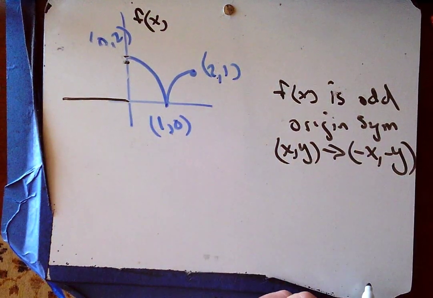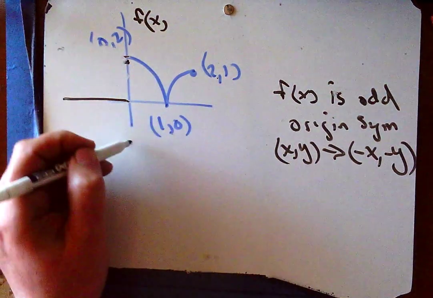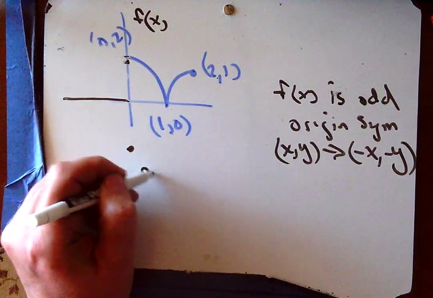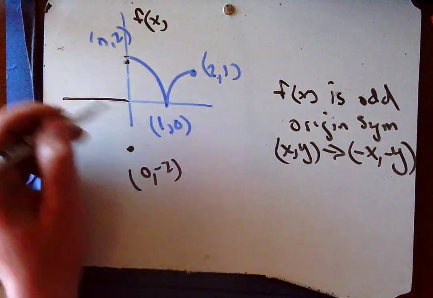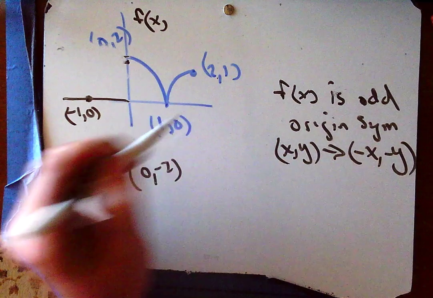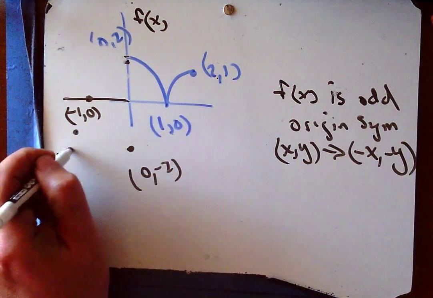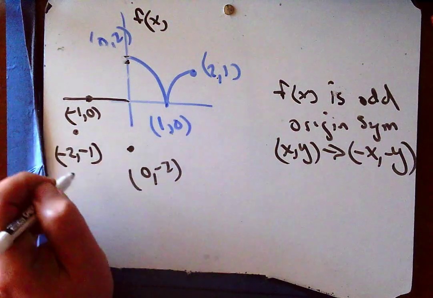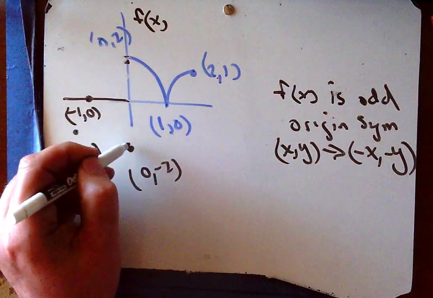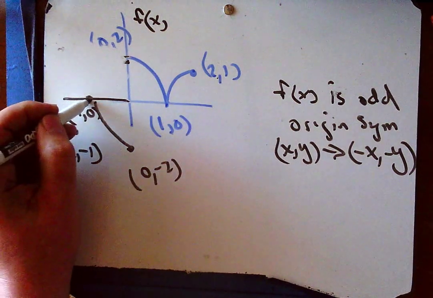I need to change the signs on both the x's and the y's. So this point 0, 2 is going to be 0, negative 2. This point 1, 0 is going to be negative 1, 0. And this point 2, 1 is going to be negative 2, negative 1. Okay? And I've got that and that.